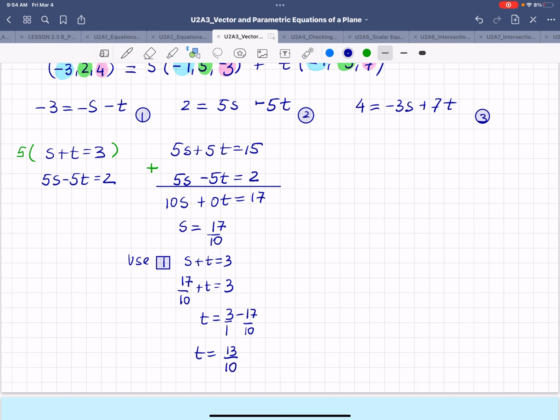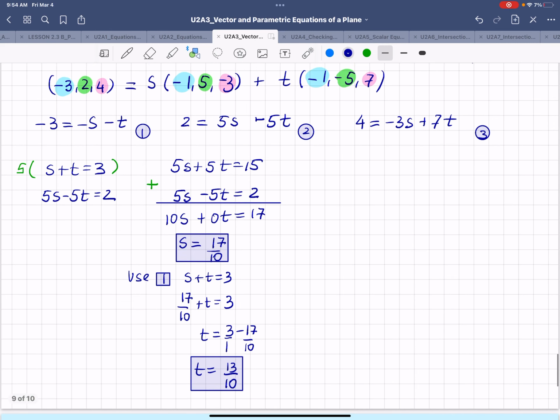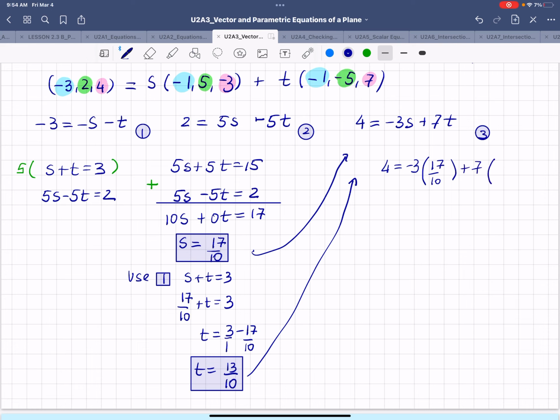So we figured out that the values of S and T are 17 over 10 and 13 over 10. So with these two values, we're going to visit the third equation to check and see if they would satisfy equation 3, where we have 4 equals negative 3 times the S value, 17 over 10, plus 7 times the T value, which is 13 over 10. So we are going to simplify the right side and check and see if it equals 4.